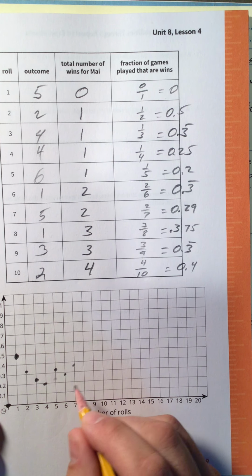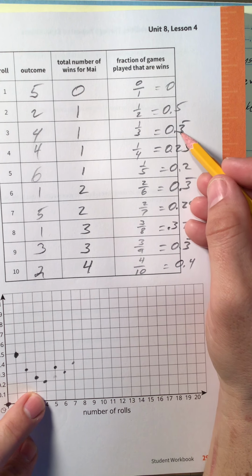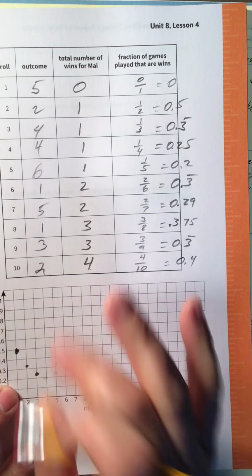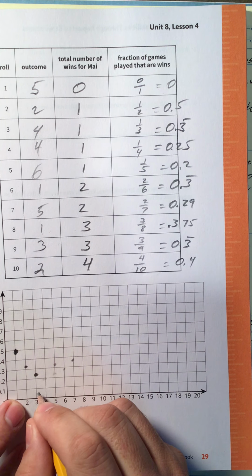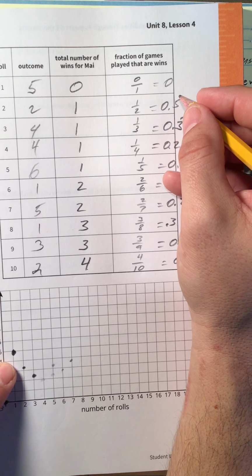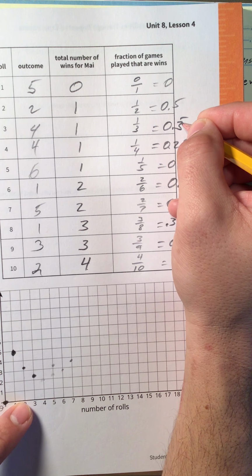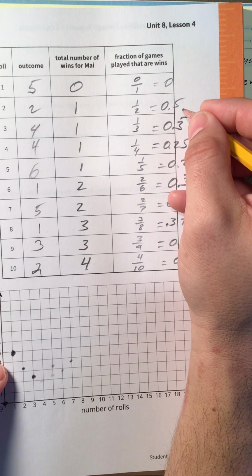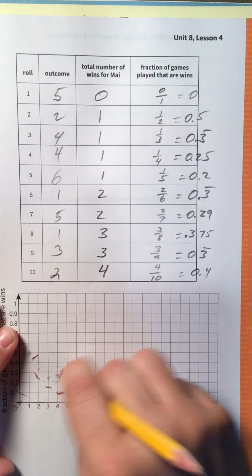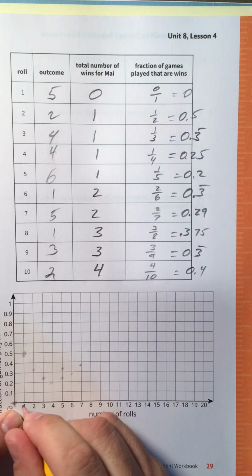Oh, I'm off one. Which one did I miss? I missed 0.25. 0.5, 0.3 repeating. Which one did I miss? Oh, I started at 0. That's the problem. First roll, that one is 0.